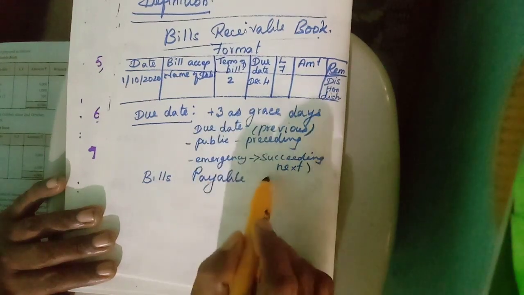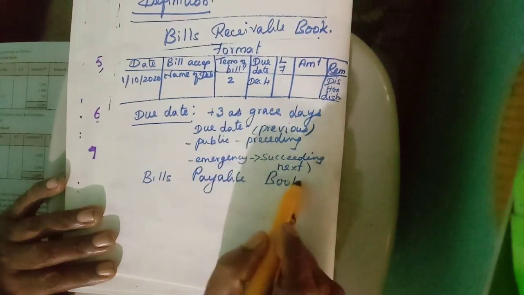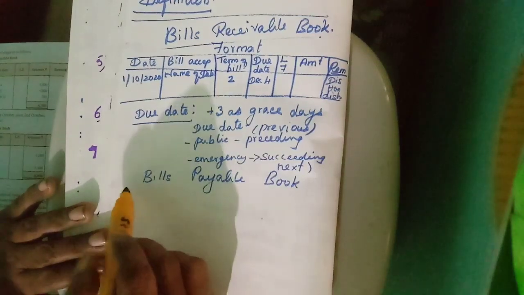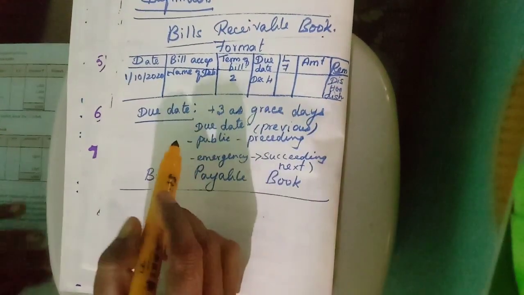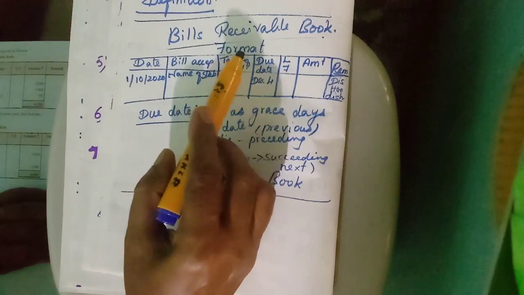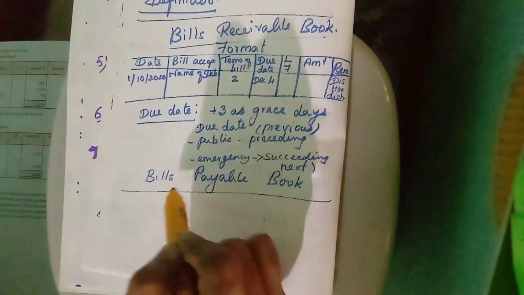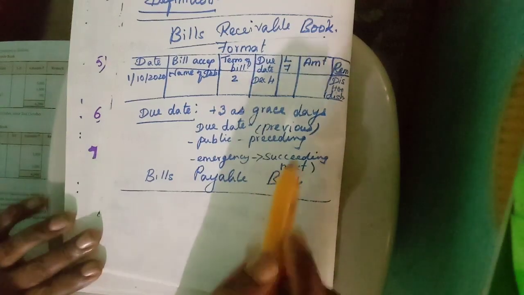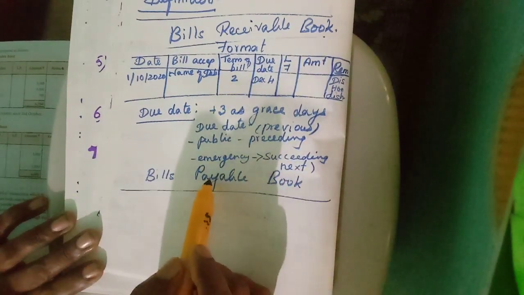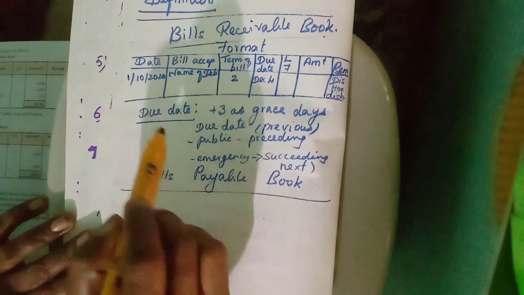Bills payable book. I told you the bills receivable for the seller becomes the bills payable for the buyer, because he has to pay the same bill amount to the seller.